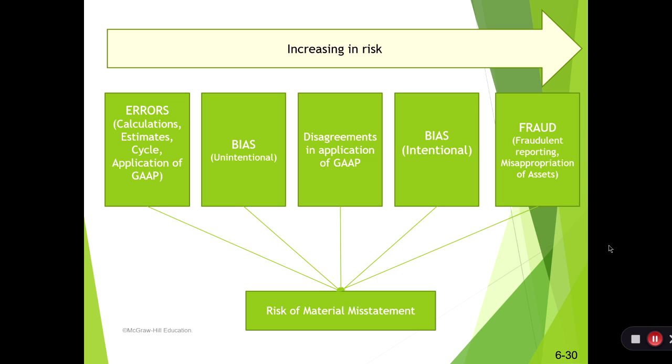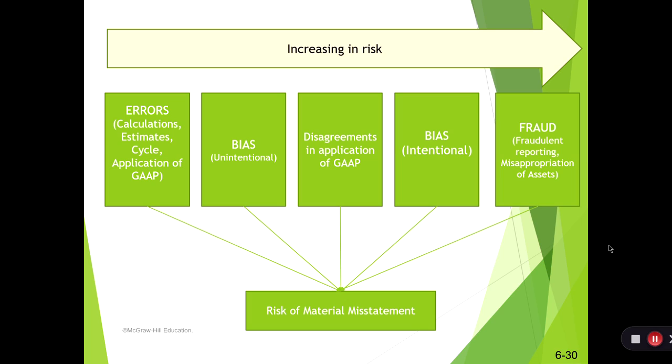That's what, these are increasing in fraud risk, I should say, unintentional bias, right? So there's evidence that shows managers are just more optimistic than the average person, right? MBA students are just more optimistic usually than other students, so they think they're better than they maybe are in terms of a certain attribute.